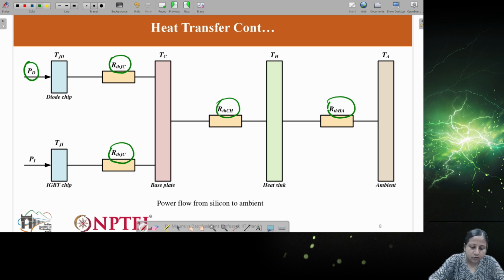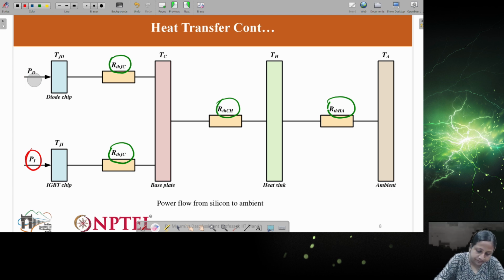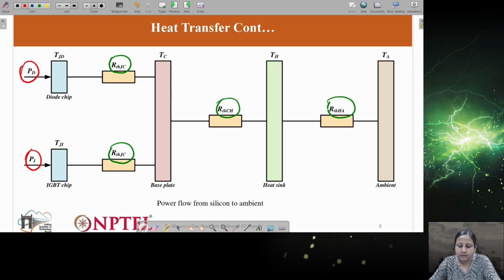Now these different resistances, whatever is present, these are thermal resistances. Let me use different colors so that it will be clearly visible. Red one is for power, green one is for thermal resistance. Now there are different temperature points, which are equivalent to voltage.